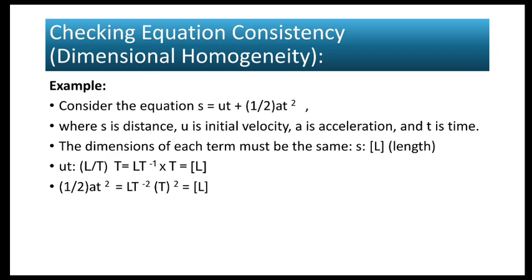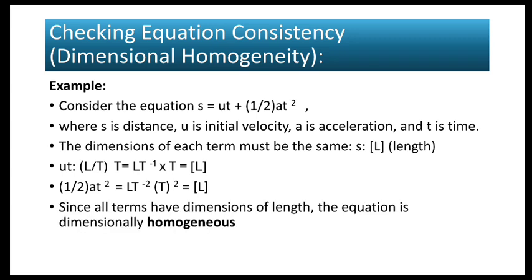We are remaining with capital L. Means in this formula S equals ut plus half at square, S came with capital L dimension formula, ut also came with capital L, and at square also came with capital L. So all these three came with the same dimension formula, capital L. Hence this equation is dimensionally homogeneous.